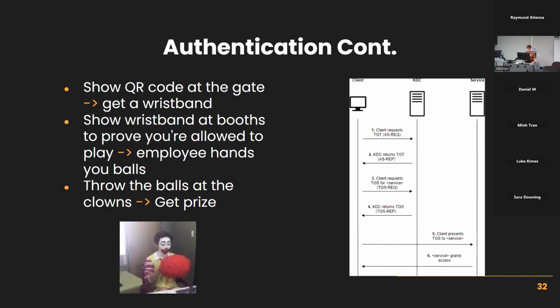You would then get a wristband. And then as you're going around the concert or event or fair or whatever, the fact that you have that wristband, which in this analogy would be the ticket that Kerberos gives you, proves that you're allowed to do all the things at that fair or that event. In the same way, once you authenticate to Kerberos, you have a ticket that allows you to continue using the services that you should be able to use for as long as the ticket lasts.